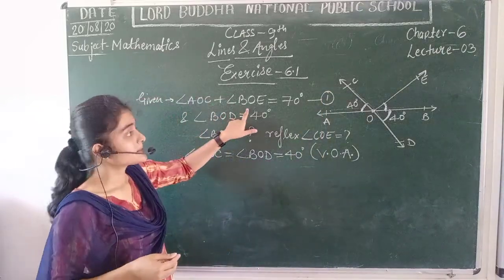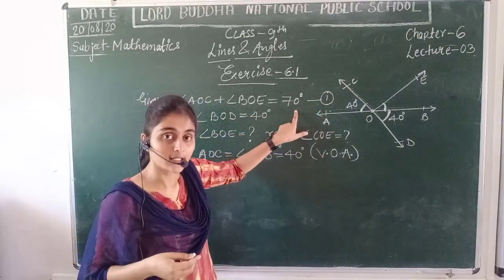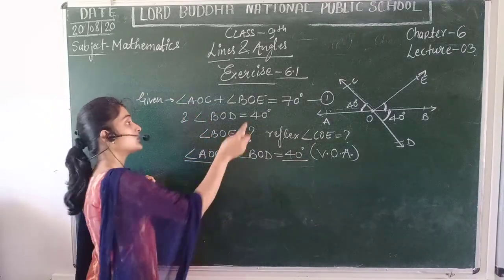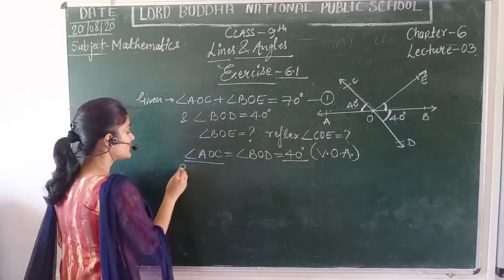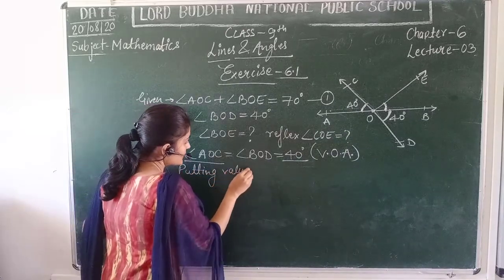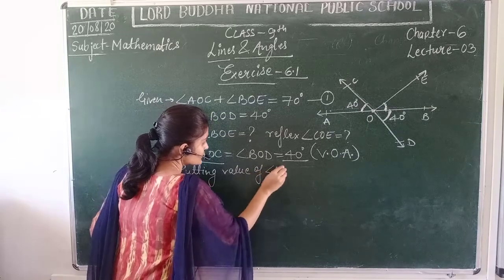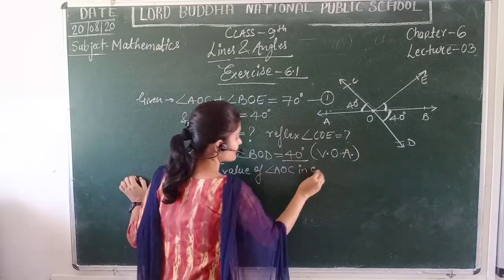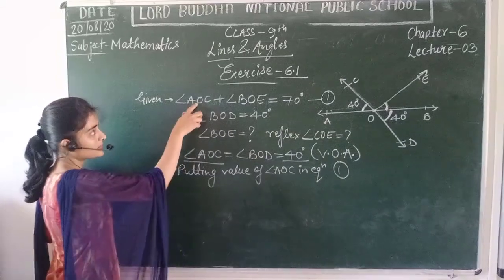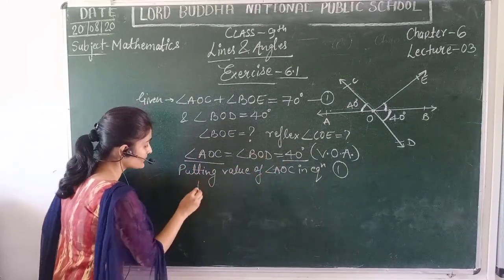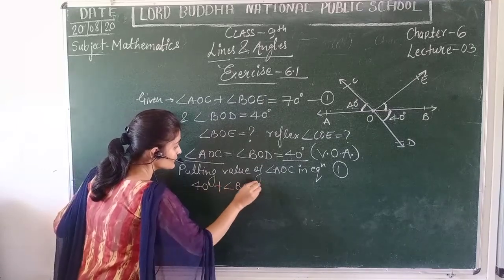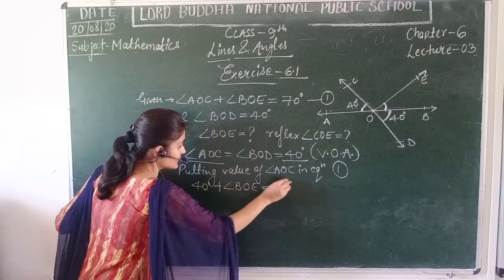Looking at the given point, this one was given, right? That AOC plus BOE equals 70 degrees. Let's put the value of AOC equals 40 degrees in equation 1. So putting the value of angle AOC in the equation, if I put 40 degrees here, because AOC equals 40 degrees, 40 degrees plus angle BOE equals 70 degrees.